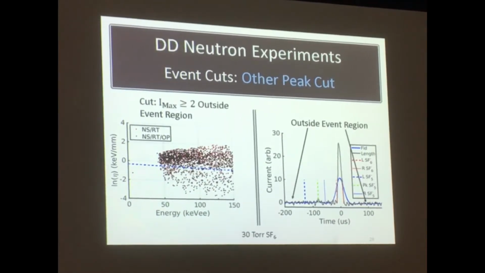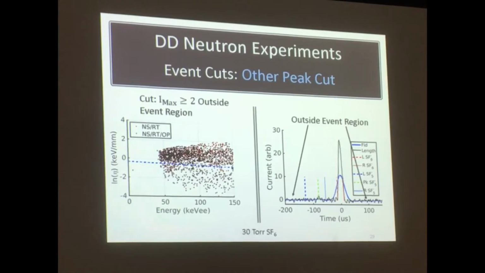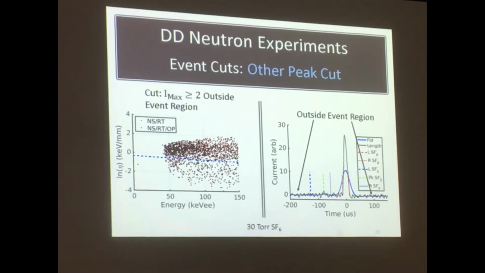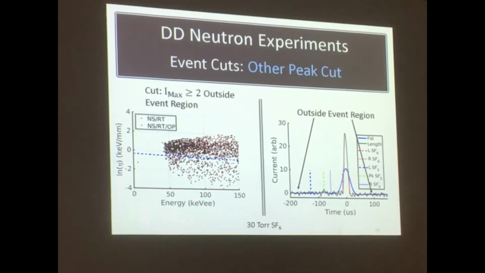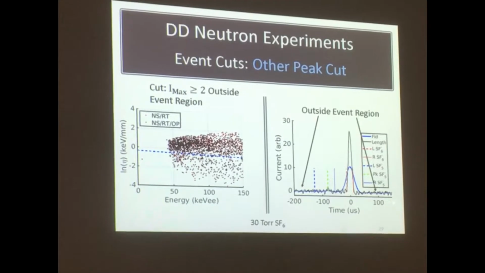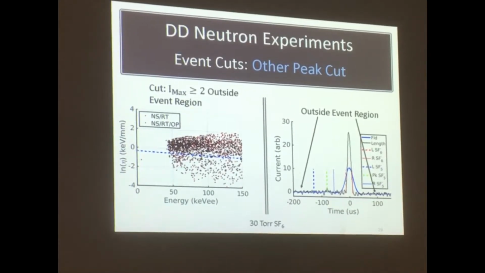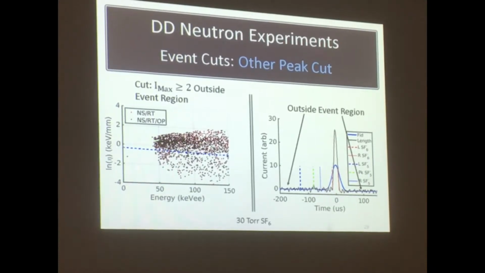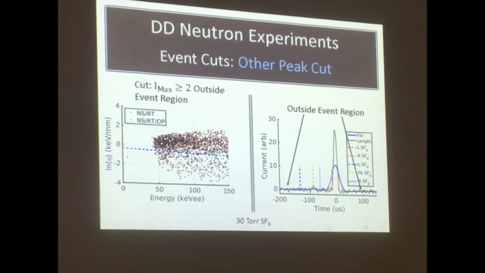And then the next cut is this other peak cut, where I reject events that have a duplicate or more than one event inside the time window, either preceding the event or trailing the event. And that's this, I call it the other peak cut. And again, the black events are the events that pass this cut, the red events fail it.